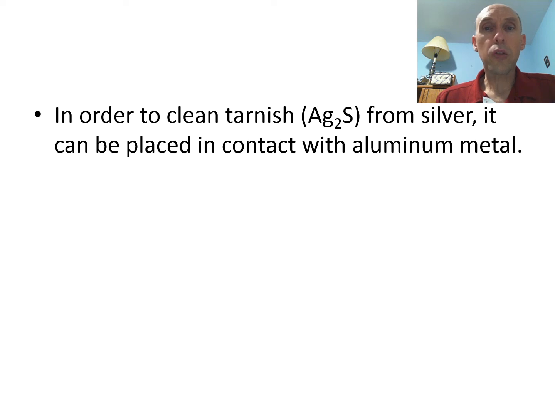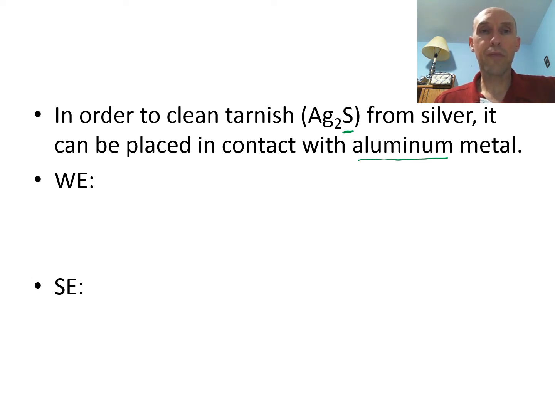You can puzzle out that it's got to have something to do with this aluminum and that sulfur. That's the end I'm going to give you for that. Again, you're going to write the word equation and the skeleton equation, and we will take this up shortly, like next class. So pause the video if you have to right here, and we'll go from there.